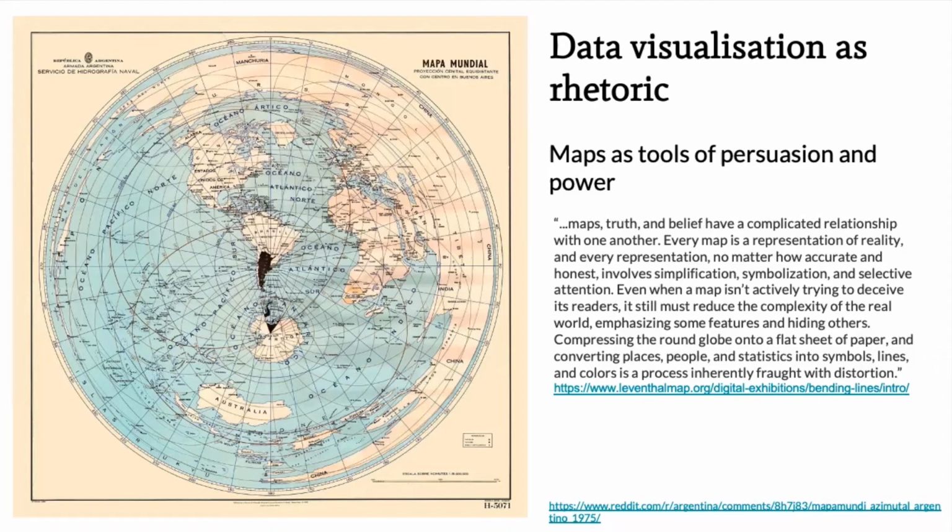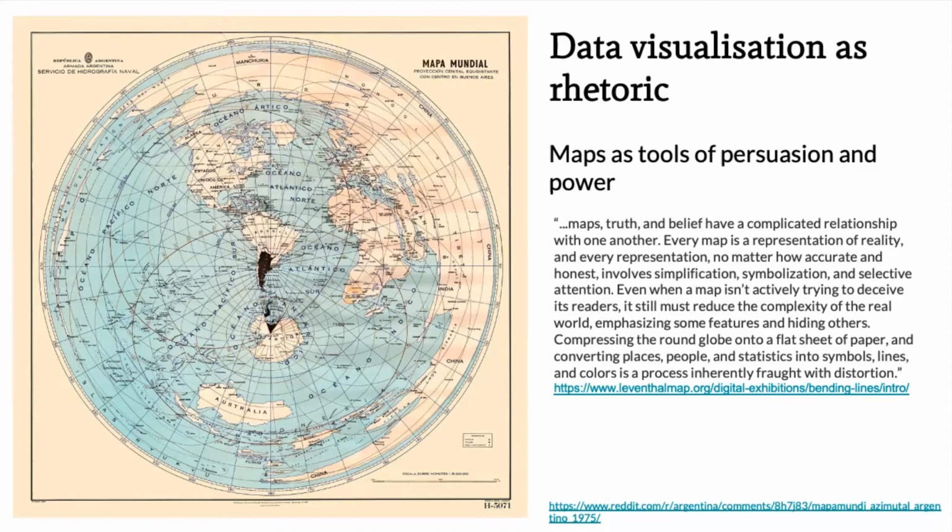And this is a quote from a recent exhibition all about the ways that maps can be used persuasively, from the Leventhal Center. And they say, maps, truth, and belief have a complicated relationship with one another. Every map is a representation of reality, and every representation, no matter how accurate and honest, involves simplification, symbolization, and selective attention.